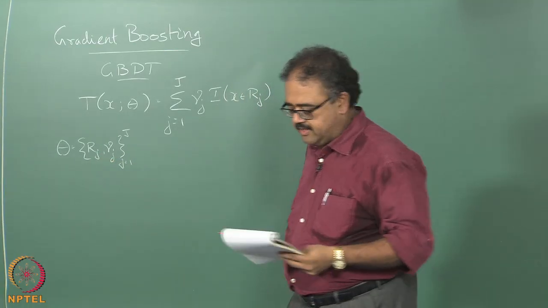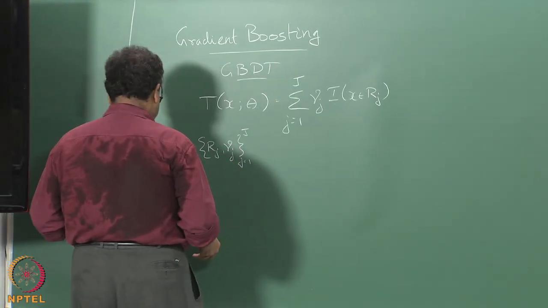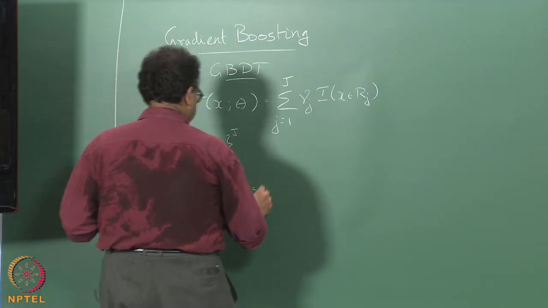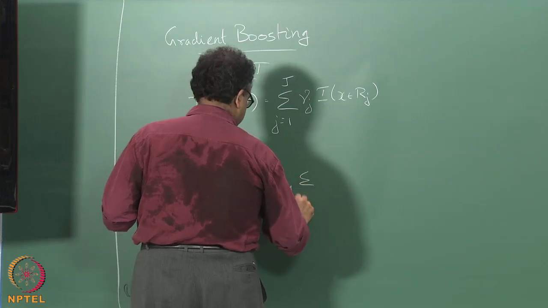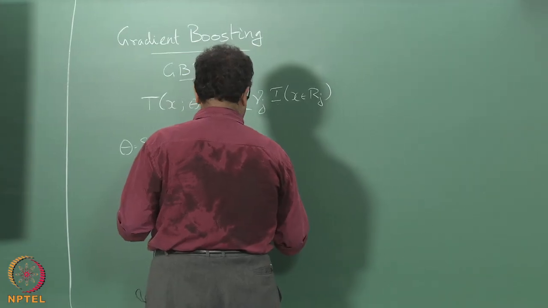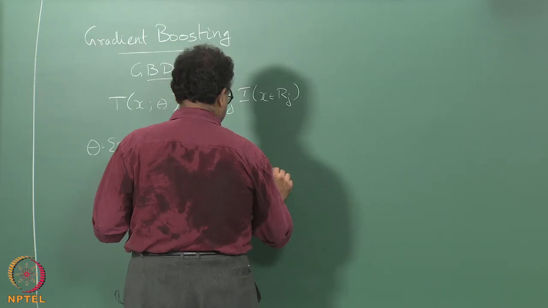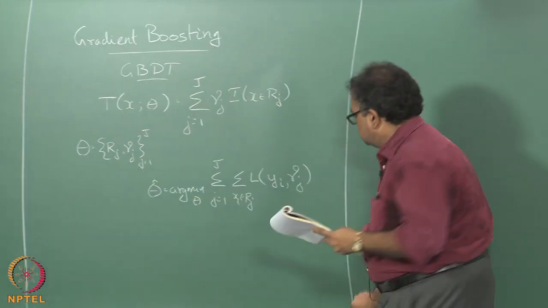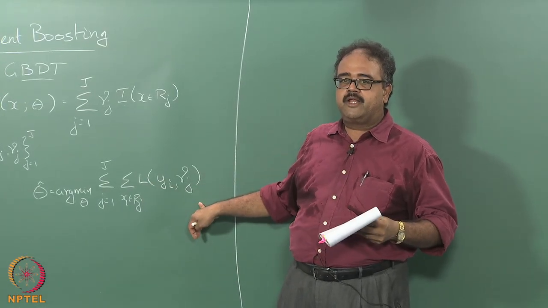So, that is my theta, and typically we pick some loss function. If it is regression, it is going to be squared loss. So, I look at the loss incurred when the actual output is yi and the output I am giving you is gamma j.